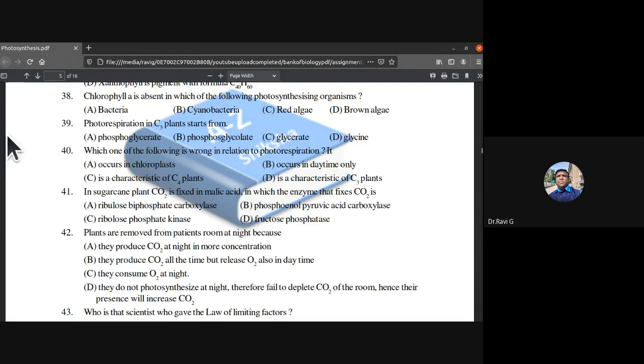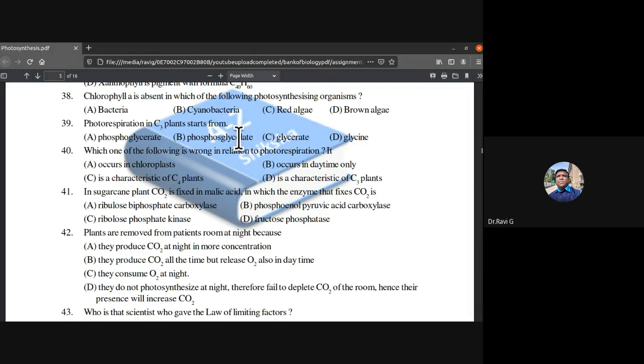So bacteria, cyanobacteria, red algae, brown algae. In which of them is it absent? Except for bacteria, chlorophyll A is present in almost all the photosynthesizing organisms, even including the algae. So bacteria doesn't have chlorophyll A. So chlorophyll A is absent in the photosynthesizing bacteria. 38 A is the right answer.